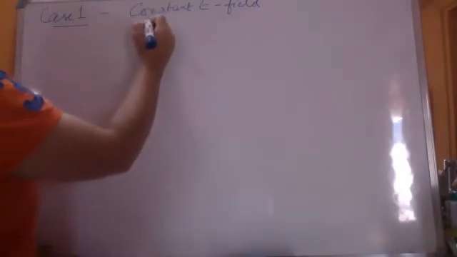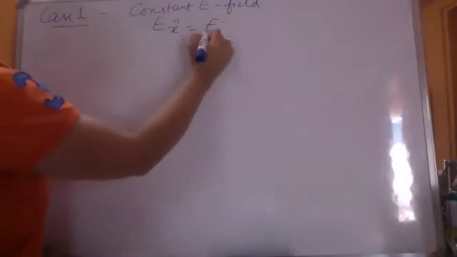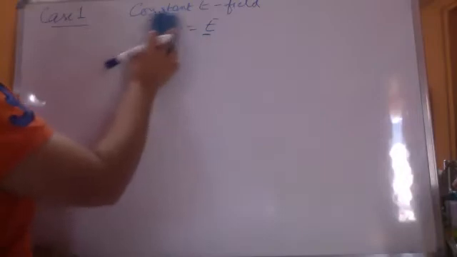Since we always have a choice how to place our coordinate system, whatever the direction of the electric field, let's say I align my coordinate system in such a way that my electric field is along the x direction, and the magnitude is E. So my electric field vector is then E x cap. It's along the x direction. I have chosen my coordinate system in such a way.